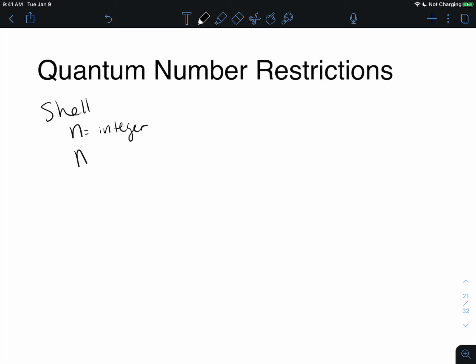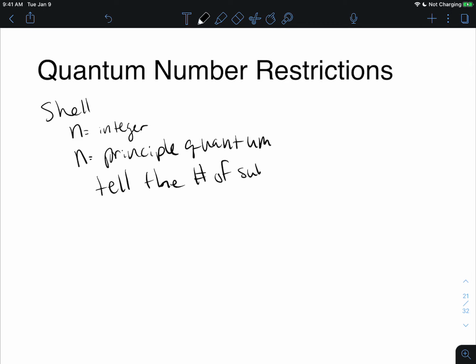So n equals our principal quantum number, and it tells us the number of subshells. For instance, in n equals 1, we have 1 subshell. N equals 2, 2 subshells. 3 subshells, so on and so forth.